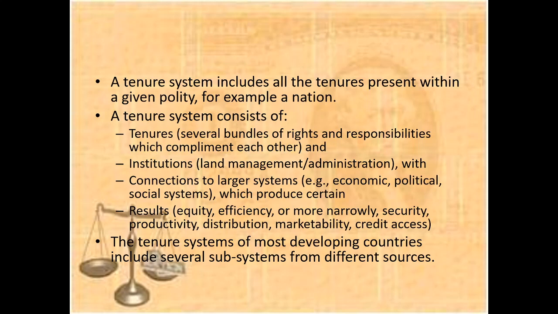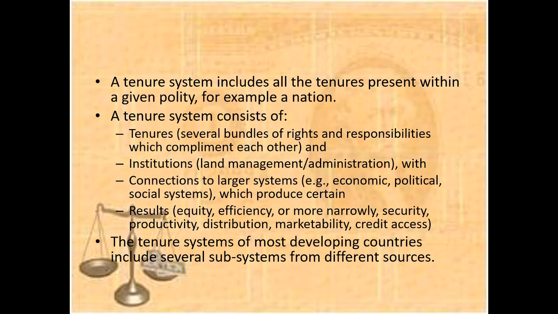This gives us another set of problems. A tenure system includes all the tenures present within a given polity, for example a nation. A tenure system consists of several bundles of rights and responsibilities which complement each other, and institutions, land management, administration, etc. It has connections to larger economic, political and social systems which produce certain results.